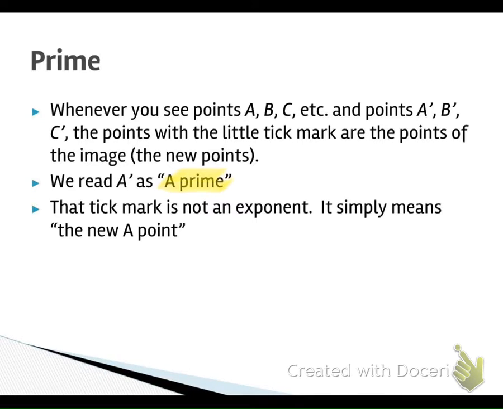And the third blank means the new point A. So the first one is the image, the second one is A prime, and the third blank is a new A point. So remember that tick mark is not an exponent, it is telling us it's A prime, our image.